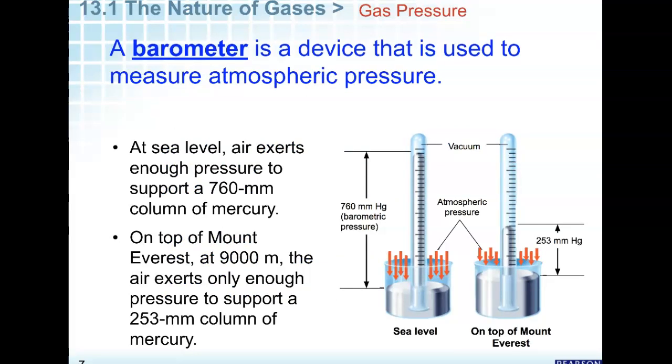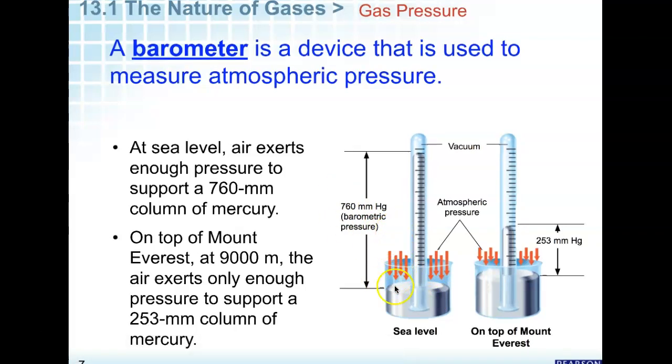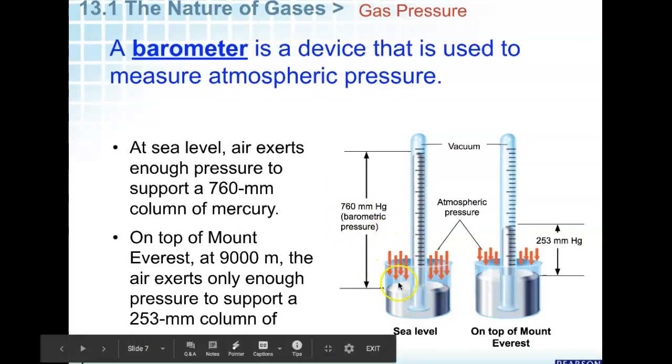So how do we measure atmospheric pressure? We look at it in terms of a barometer. A barometer measures the pressure. Now, in an old-time barometer, you have mercury in a cup, an open container. The air pressure, those collisions from those particles, would push on the mercury, which is a very, very dense metal that's a liquid at room temperature.